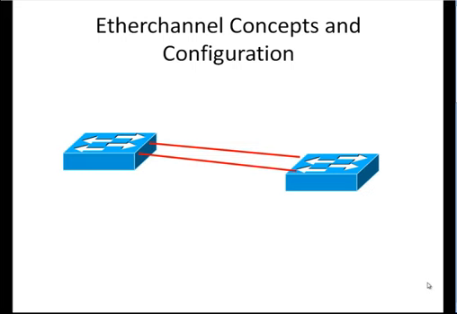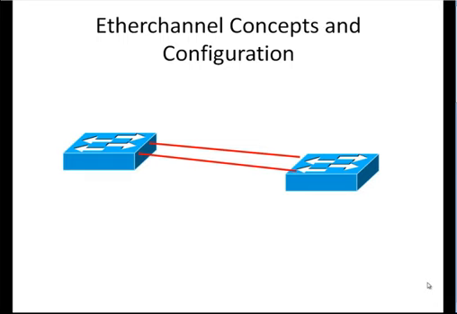single link. Like you see up here, those two switches have 2 links, and if you know about the spanning tree protocol, the spanning tree protocol is going to block one link in order to avoid the loop.